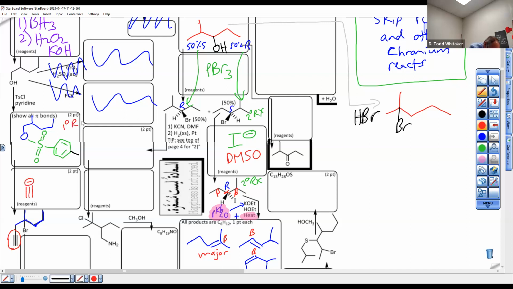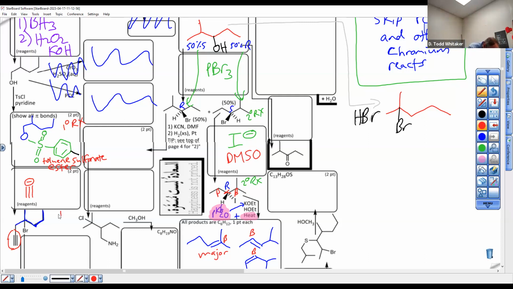Some of you are not used to thinking of toluene sulfonate esters. Toluene sulfonate esters are just carbons with a good leaving group, because toluene sulfonic acid, pKa -5, toluene sulfonate, good leaving group.